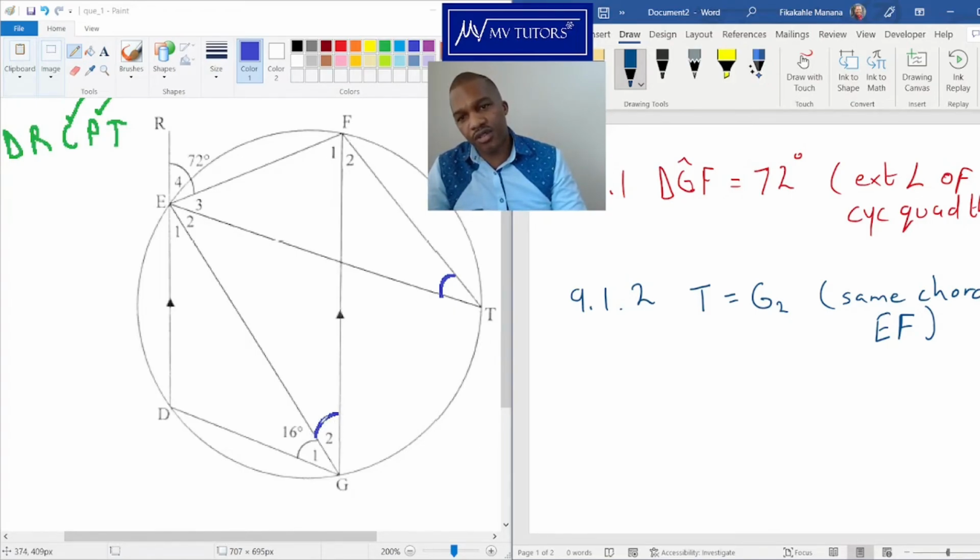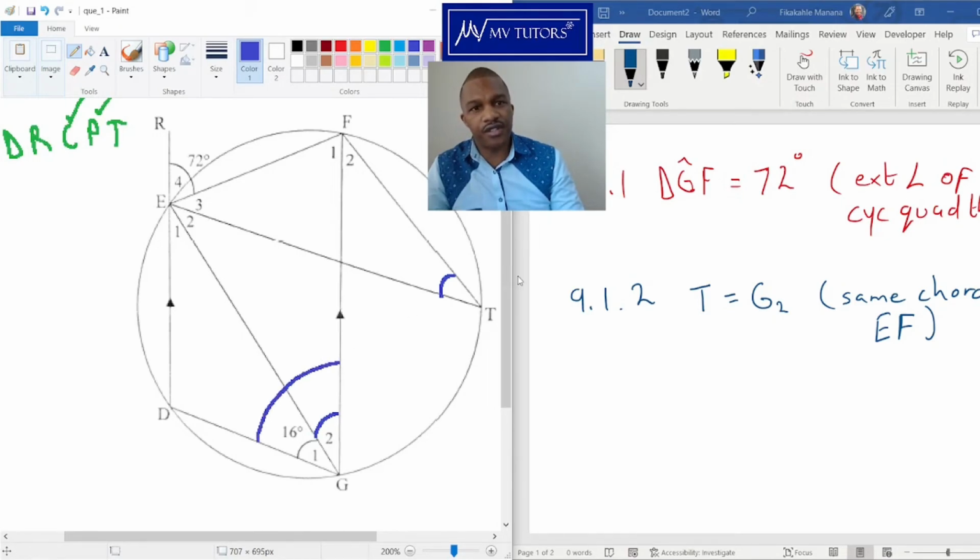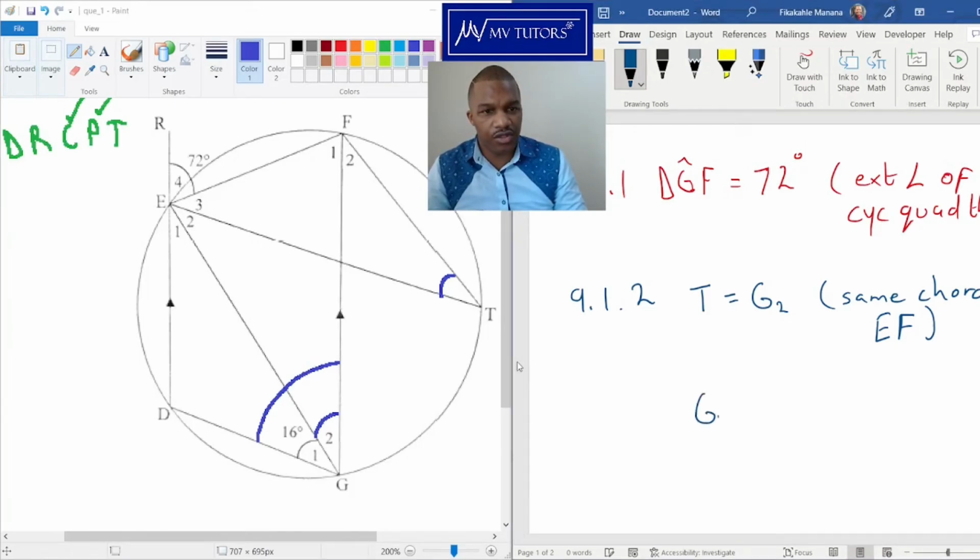What can we notice about G2? Okay, first of all, we know that this whole angle right there, we solved it, DGF, which is 72. So G2 will then be equals to 72 minus 16 degrees. Do you see that? We're gonna say 72 minus, let me just say G1. And then give a reason. What's the reason for this?